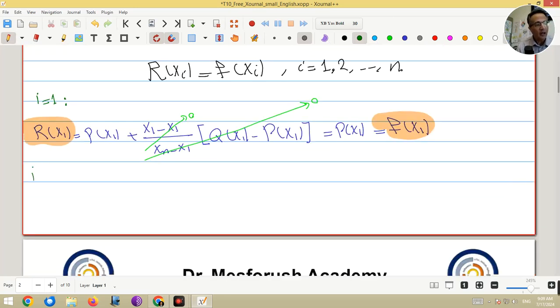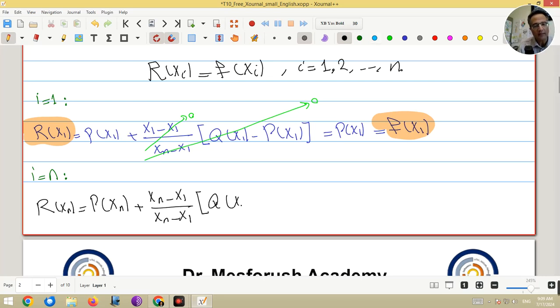Now let i be equal to n and try to compute r at xn. This is equal to p at xn plus xn minus x1 over xn minus x1 times q at xn minus p at xn. Okay, these two are the same, so they cancel each other, so it remains just 1.